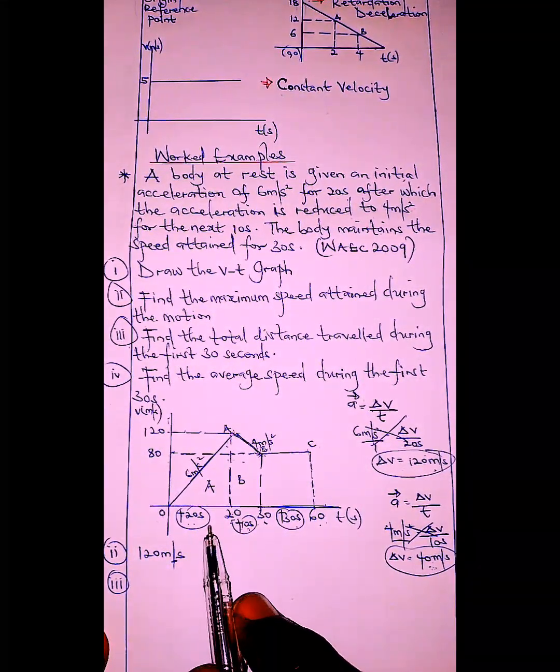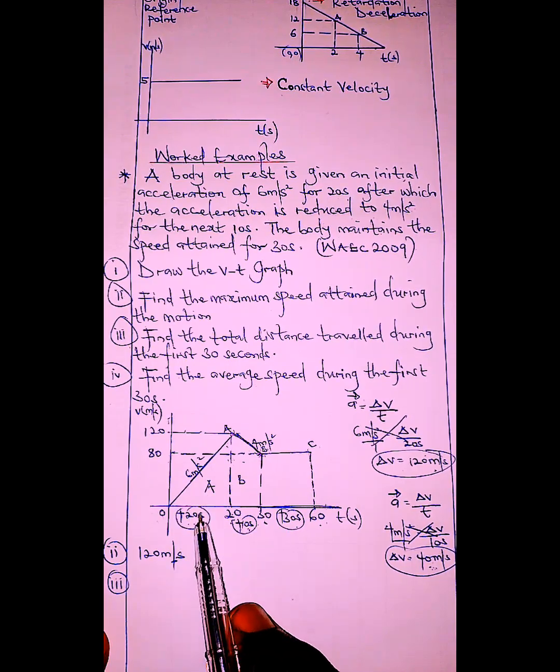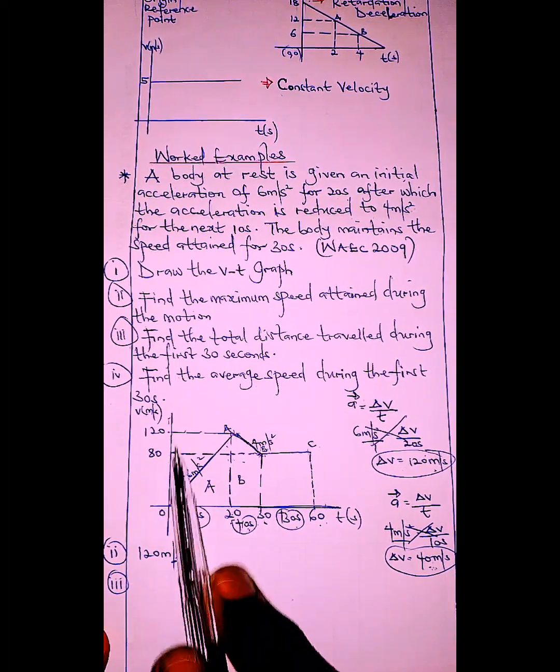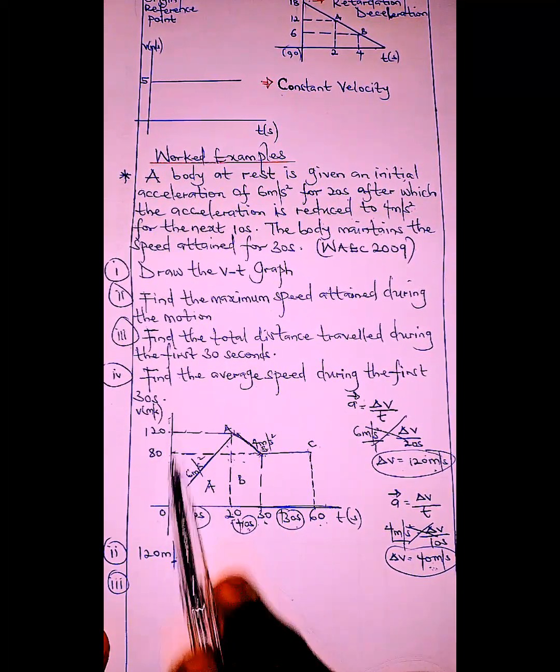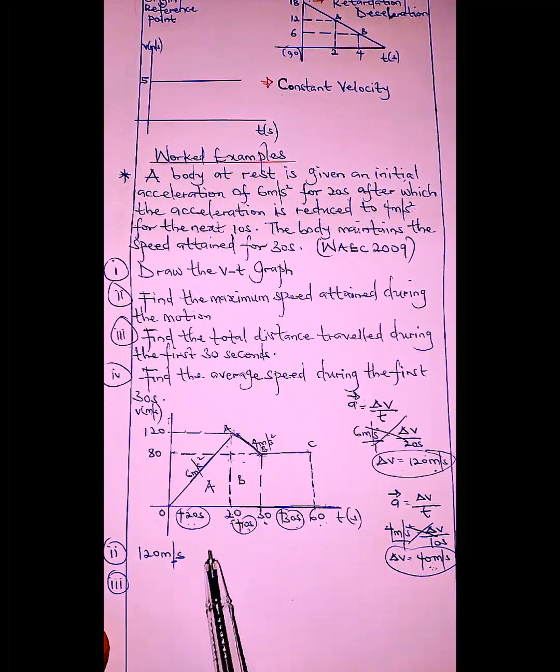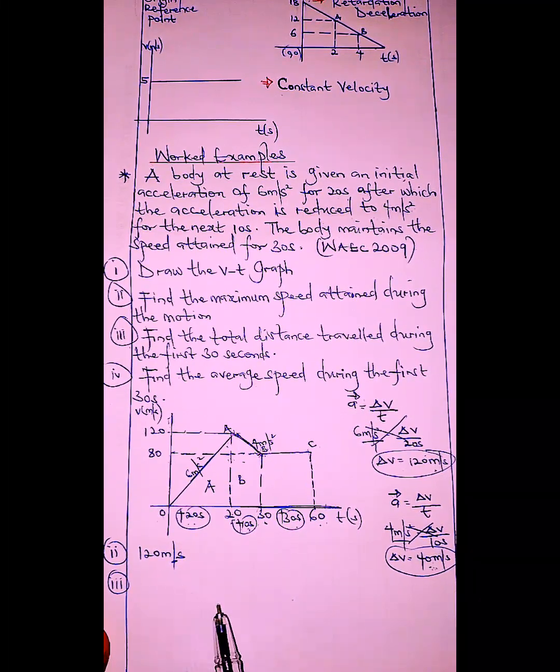For us to get the distance, it's very simple: we get the area of the shape. When we get the area of the shape, then easily we get the distance, because on this axis we have the velocity, while on this axis we have the time taken. So velocity is equal to displacement over time taken. If velocity is displacement over time taken, when we cross multiply velocity and time, we end up with displacement or distance.